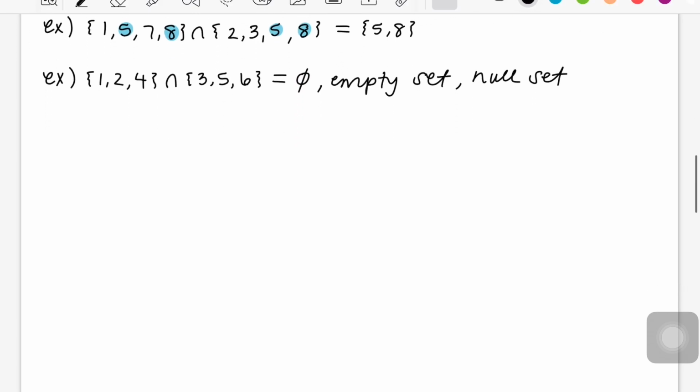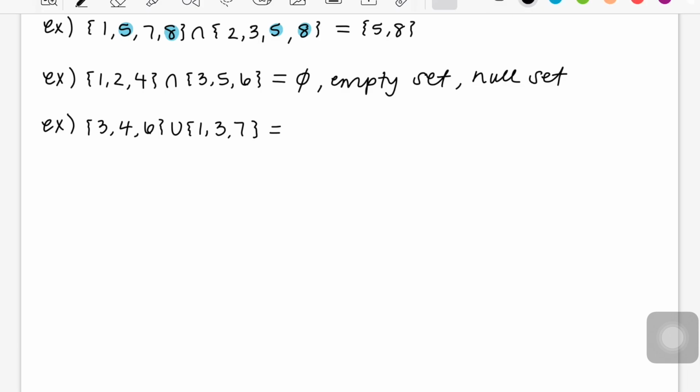All right, now let's look at an example of the union of two sets. So let's look at this set here. So when looking at the union of sets, we are essentially combining, or unioning, the elements of the sets. And whenever we do this, we do want to list the elements in increasing order.